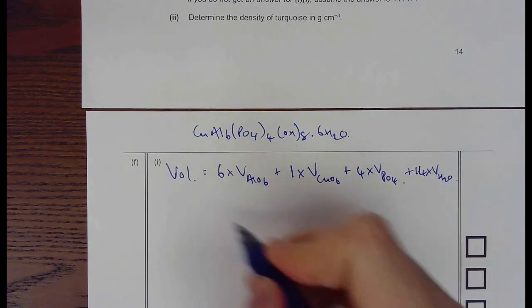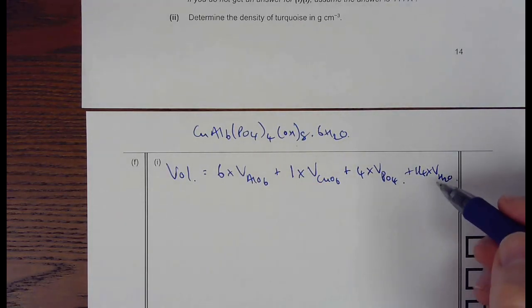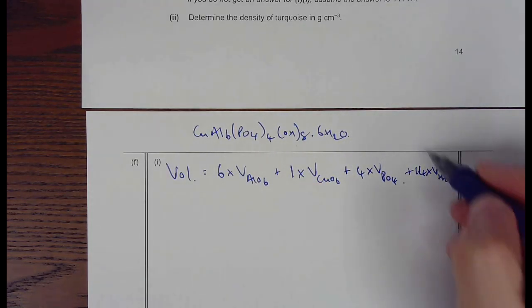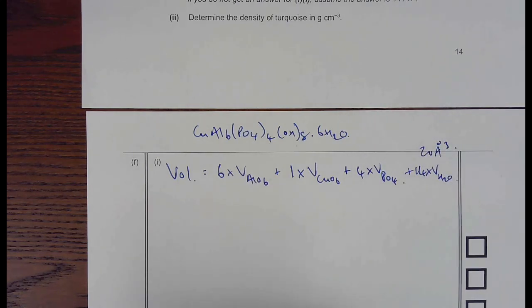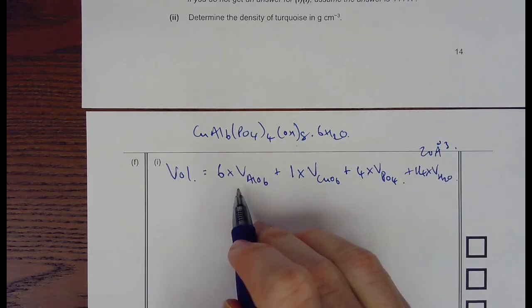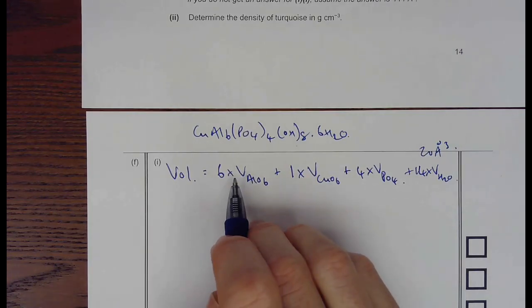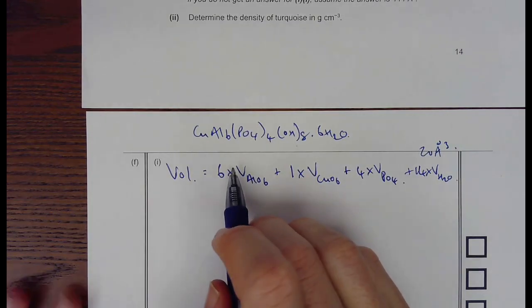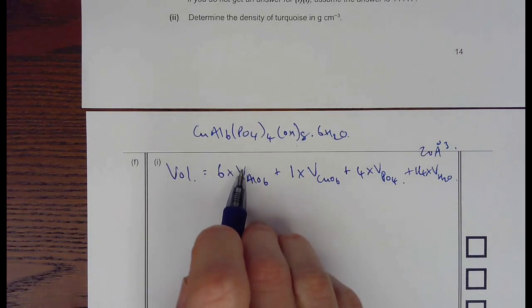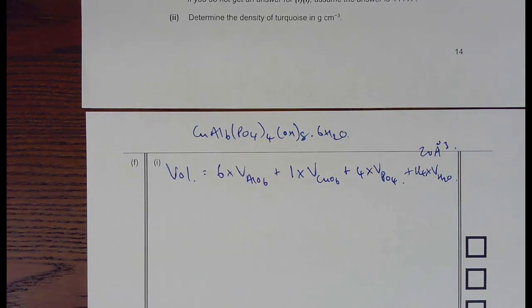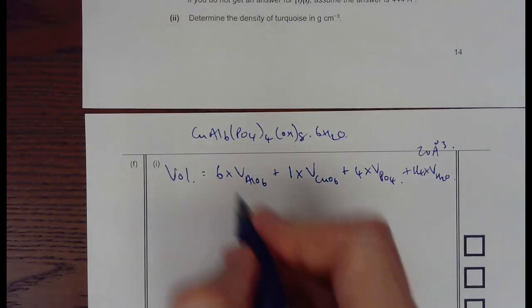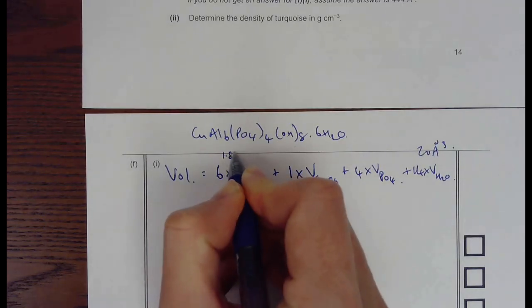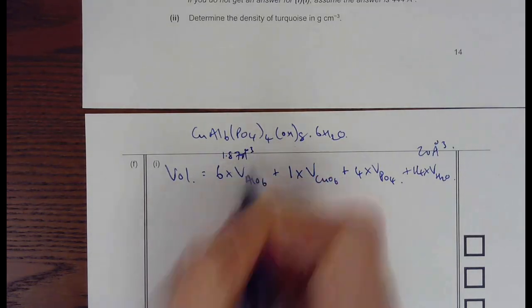Okay, so do I know these volumes? Well, I know that water is 20 angstroms cubed. I know PO4 because I worked that out in the previous part of the question. Where did I work that out? 1.87 angstroms cubed.